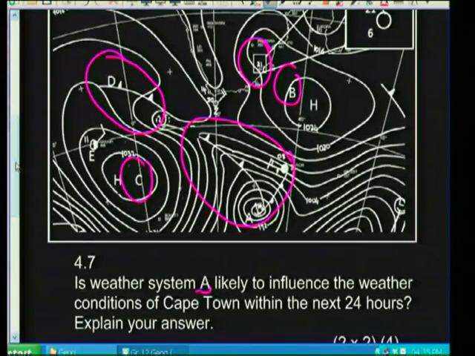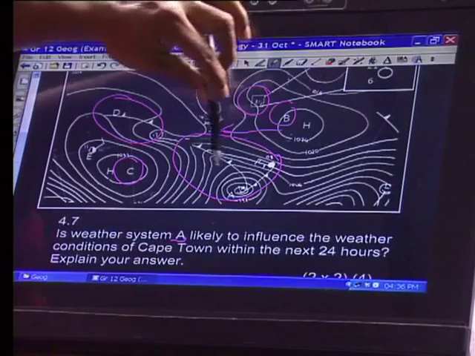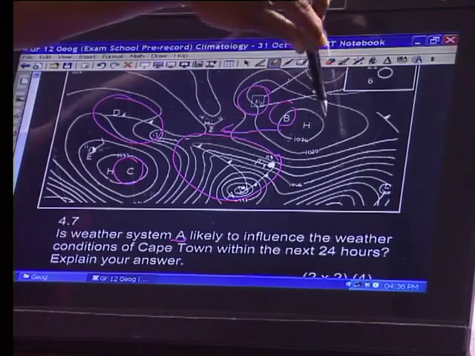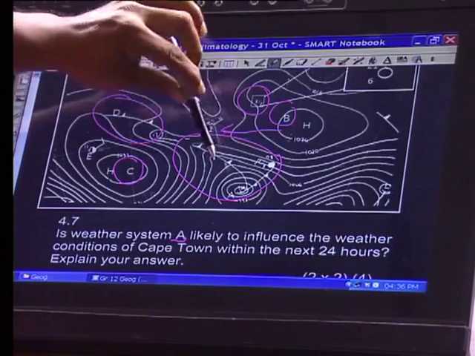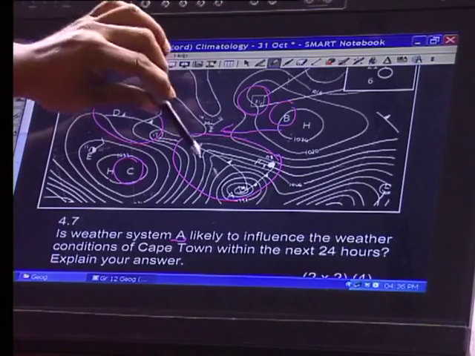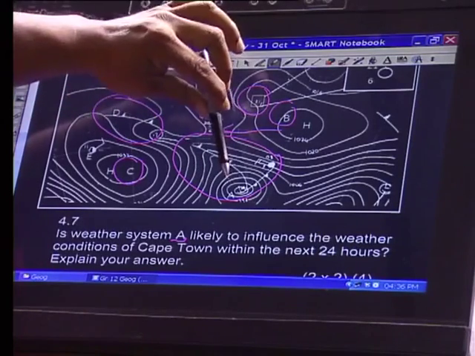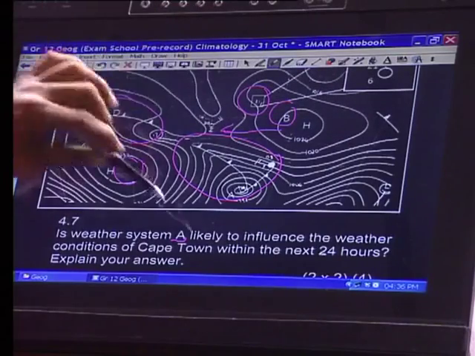But if we look carefully at the diagram, there's the South Indian high that is ridging in, and it's blocking the cold front from affecting the country. Also, the cold front is already very far south to affect the country, even if it moves up. And a huge part of the mid-latitude cyclone has already passed Cape Town, so it's going to move ahead. So we had to examine the diagram and realize that it's no, actually. It's not going to affect the country.